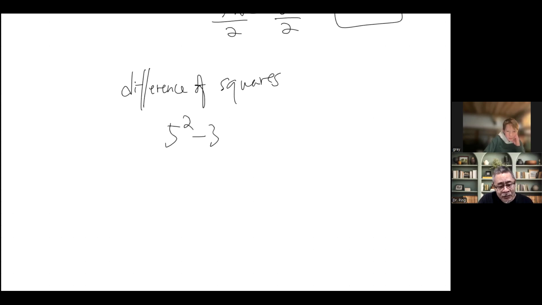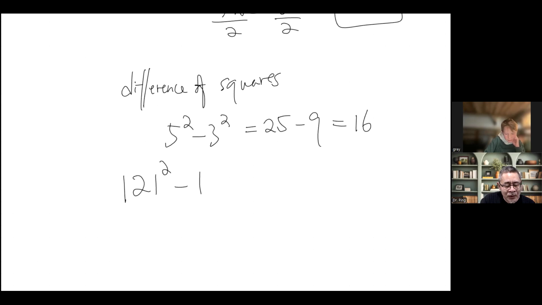We can either just square them, pretty straightforward: 25 minus 9 gives us 16. Or we can do something like 121 squared minus 100 squared, and that takes a bit longer. In math, we're always trying to find the easier way of doing it. There is an easier way.